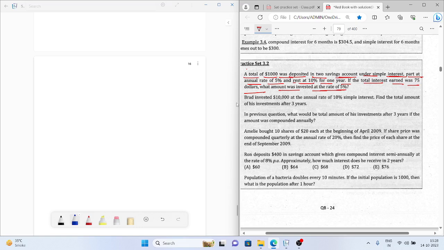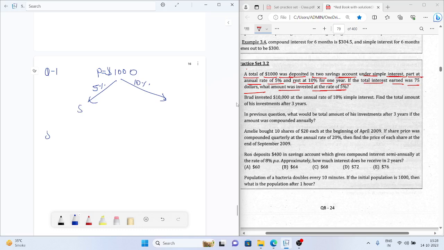Okay. So what is given in the question? The total principal amount is 10,000 and he invested in two simple interests, one at an annual rate of 5% and another at 10%. And the total interest, SI1 plus SI2, he got is $750, right?